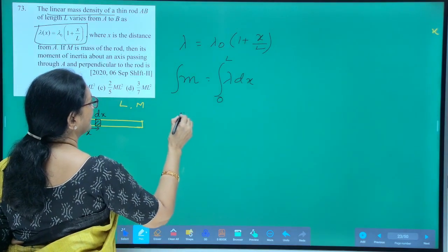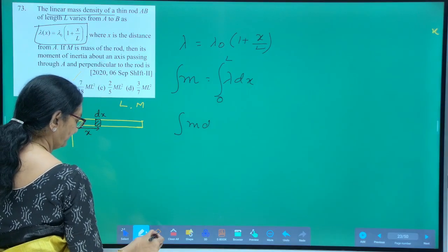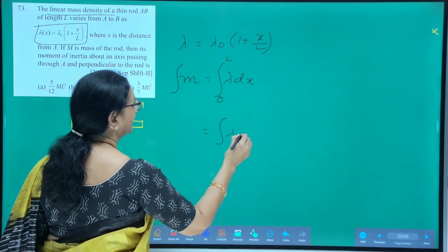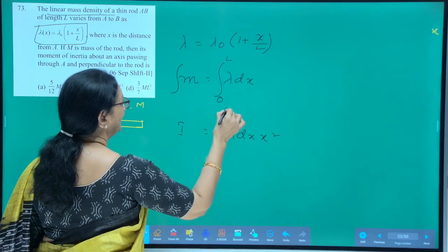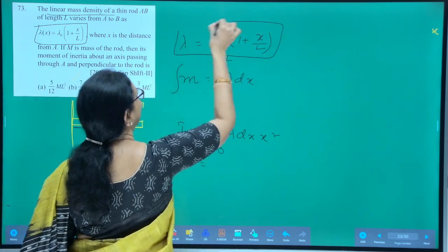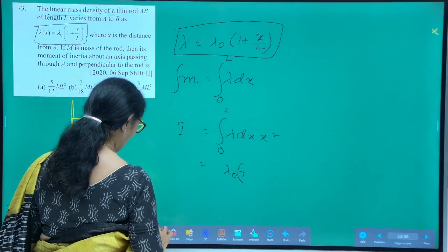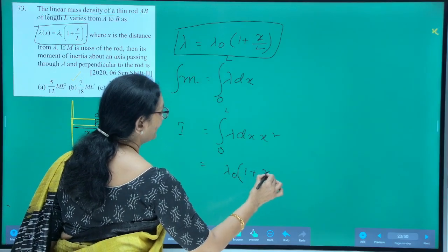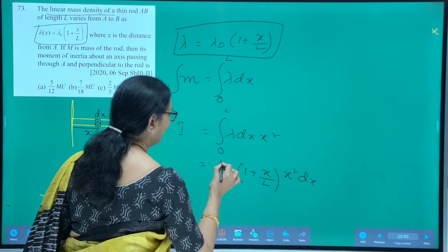Moment of inertia is mass into x square, so dI is lambda dx into x square, with limits from 0 to L. In place of lambda, we substitute this expression, that is lambda naught into 1 plus x by L, times x square dx, integrated.